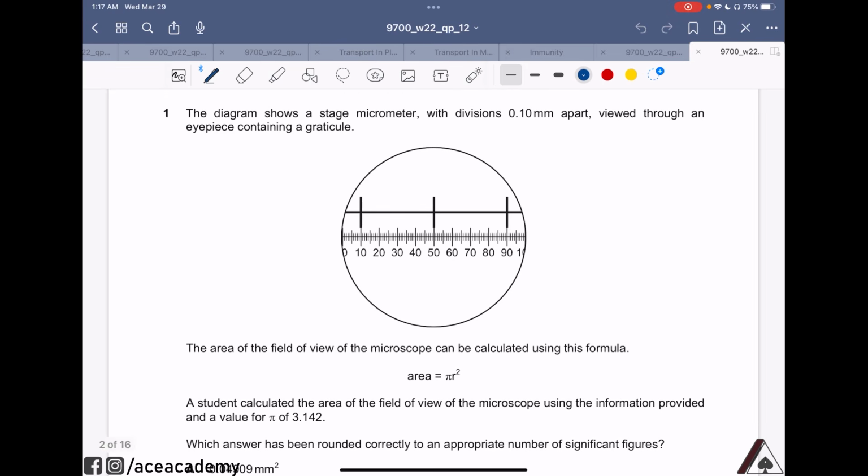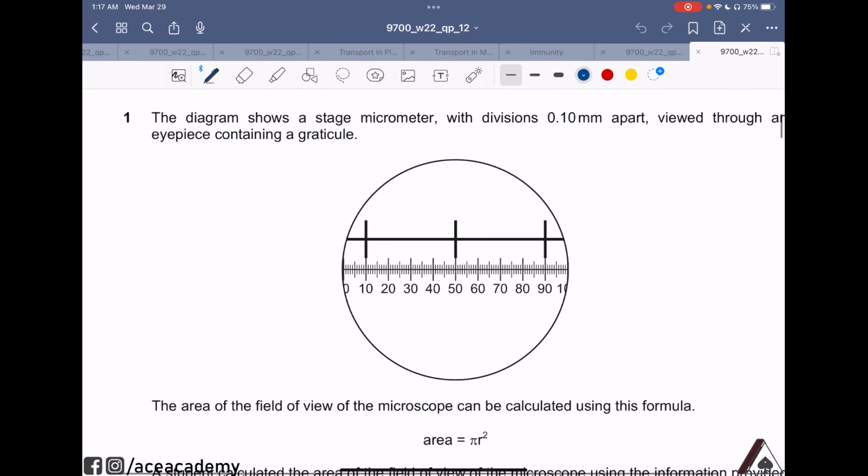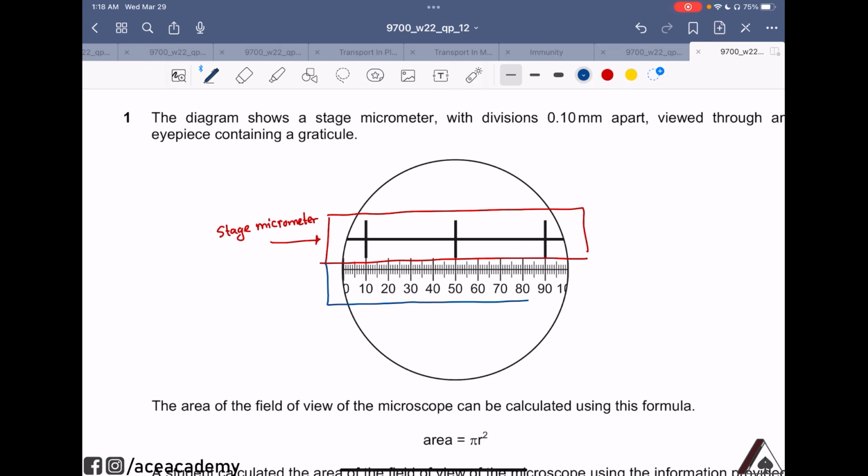So this is a typical graphical question. Firstly, we have to identify which scale is which. The above scale over here is the stage micrometer, and in every microscope there is a scale that goes from 0 to 100, and this is called the eyepiece graticule.